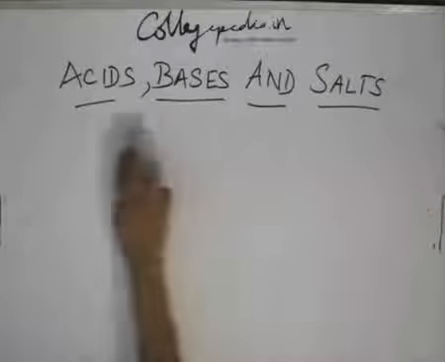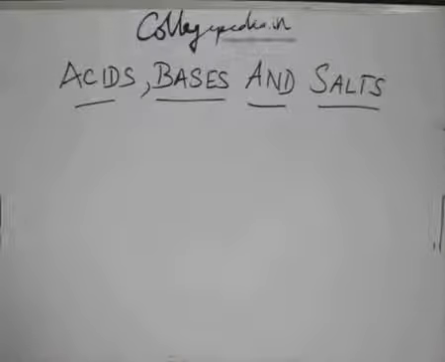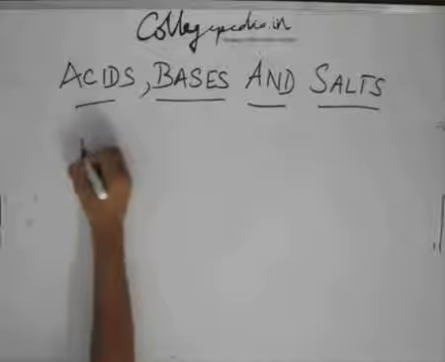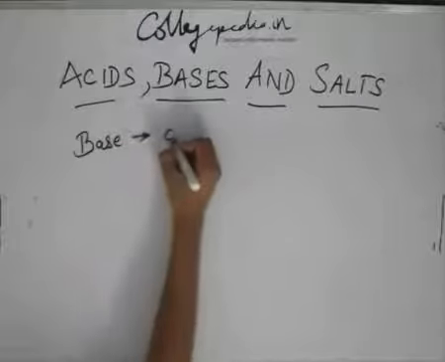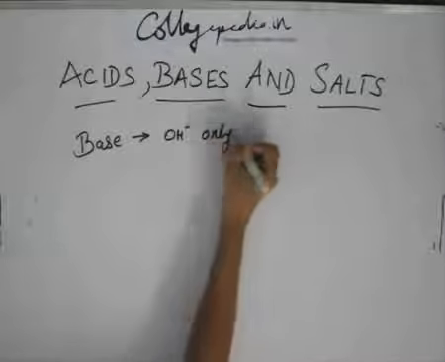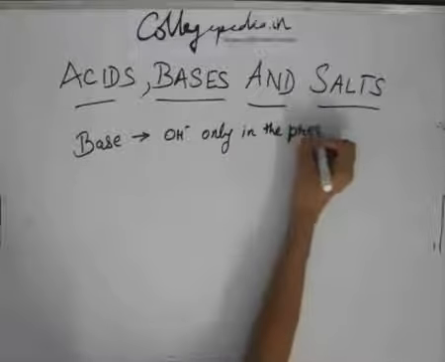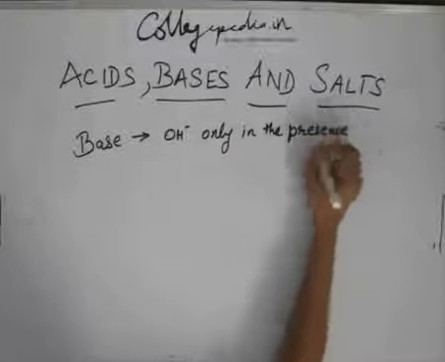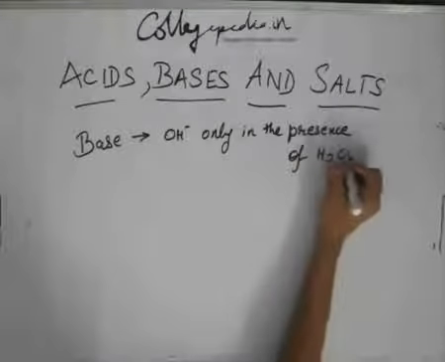Now similarly, our base: as we say that acids generate H plus ions only in the presence of water or moisture, a base will also produce OH minus only in the presence of moisture, that is H2O.